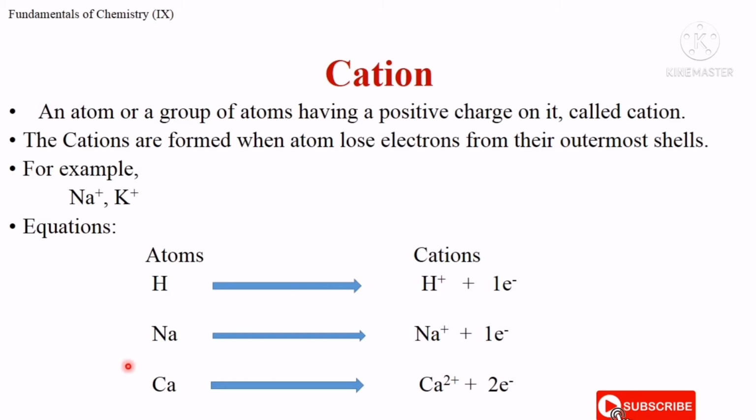In the same case of sodium, when sodium loses one electron to gain the positive charge on it, the sodium ion is formed. And in the same way, in the case of calcium, when calcium loses its two electrons and gains two positive charges on it, the calcium ion is formed. Those are examples of cations, as they all have a positive charge on them.